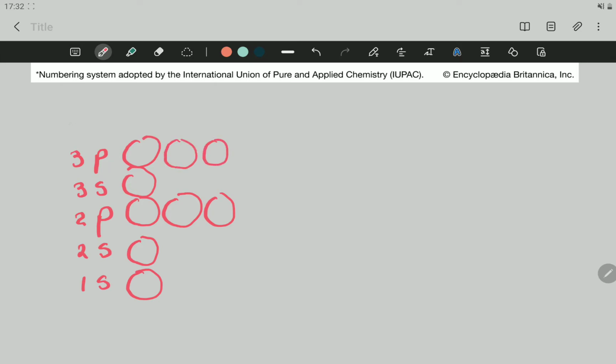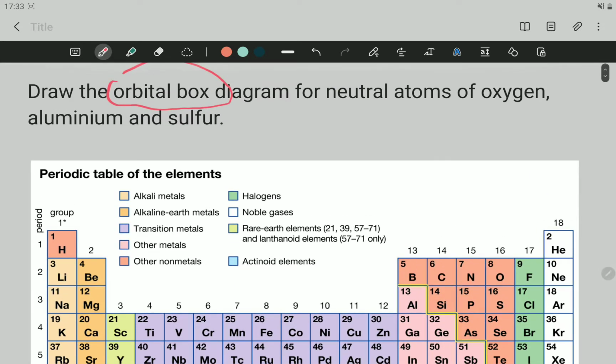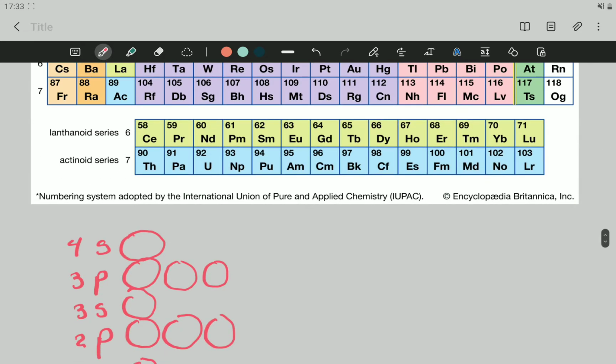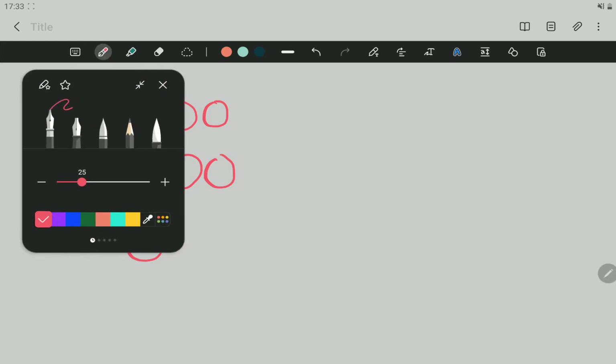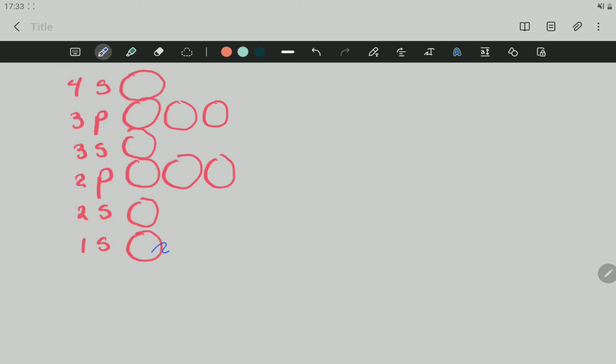Then we go to energy level 4, which has one orbital s. Up until there is what we have to learn. This is what we call the orbital box diagram. The electrons are represented inside those circles with arrows.